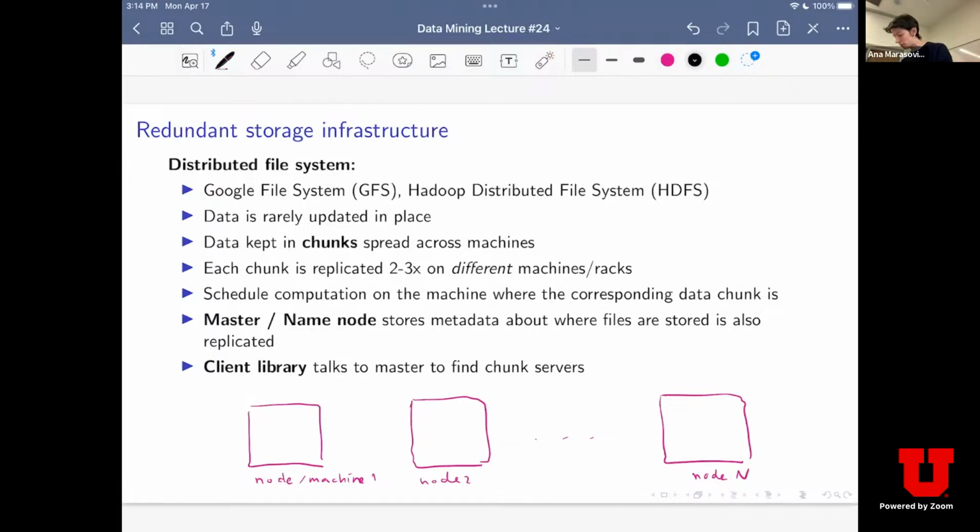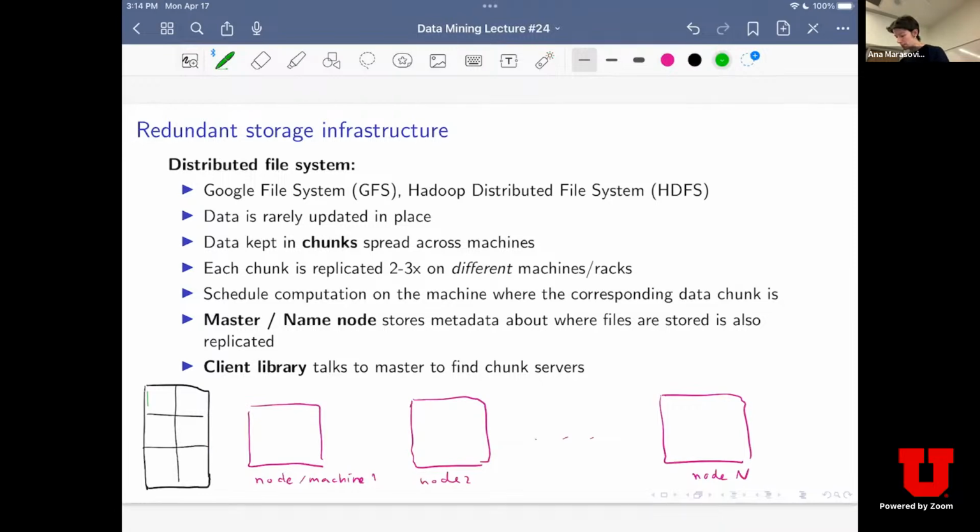And you have your huge data, and you're going to keep chunks of this data on these different nodes. So just for visualization, I'm going to chunk it like this. We have here 6 chunks, and you're going to spread these 6 chunks across your machines.